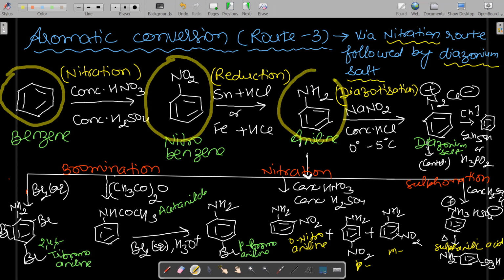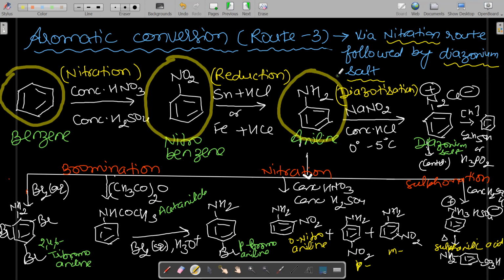So formation of aniline. Suppose in the exam it comes, convert benzene to aniline, then what do you do? You have to think, in benzene, if we have to bring a nitrogen element, a nitrogen-containing functional group, then it is always followed by nitration.